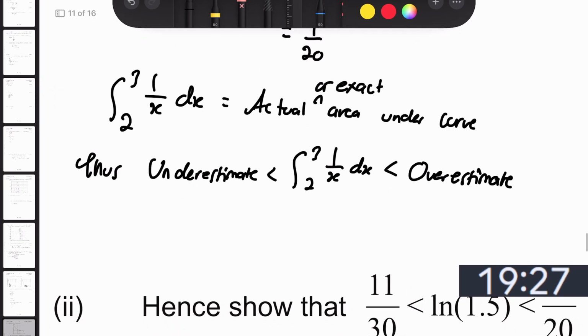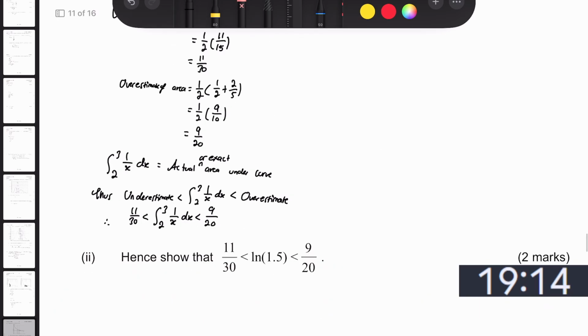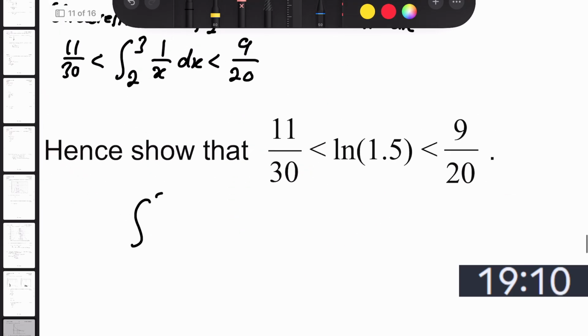So then 11 on 30, less than, it was 9 on 20. Okay, so then I have to do the actual integral.